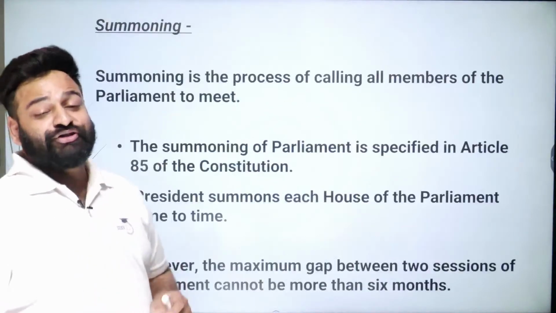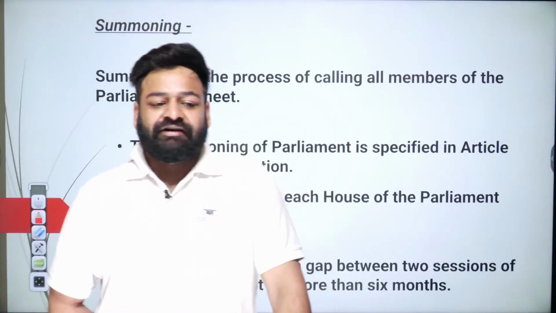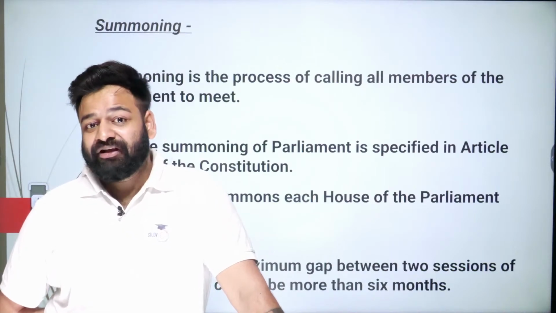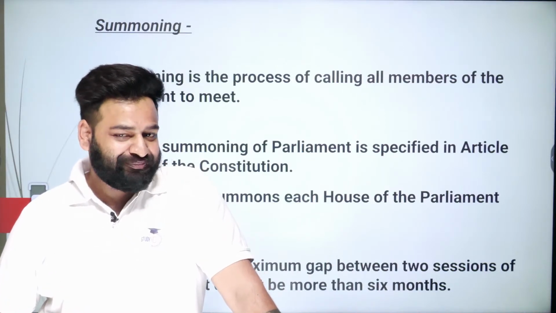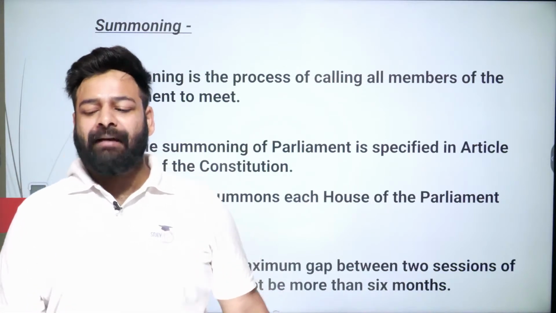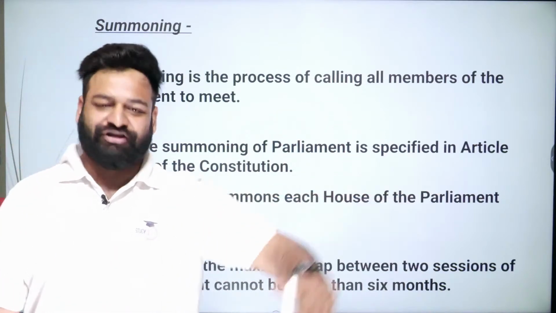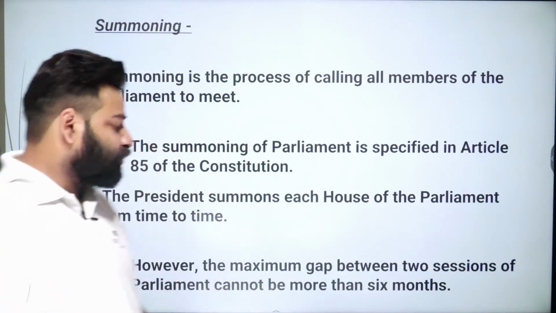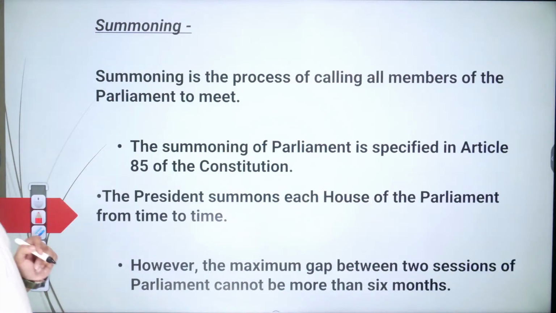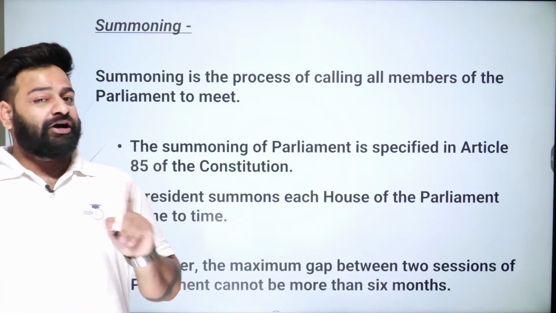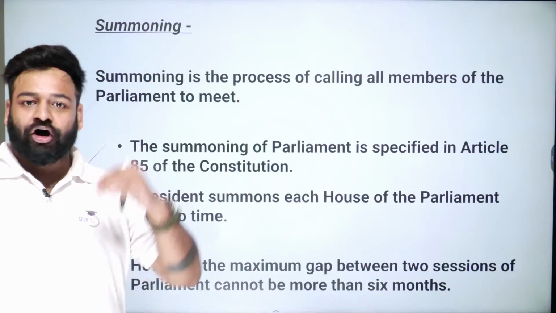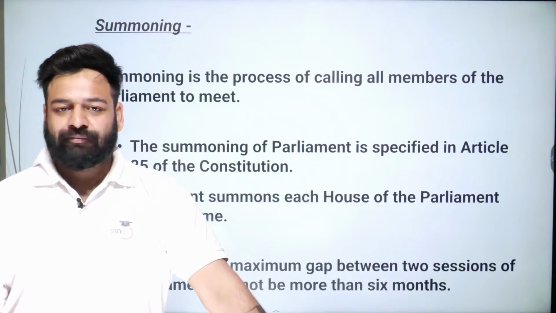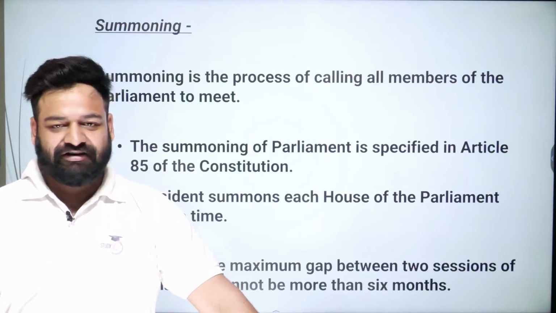But yes, the Constitution has mentioned that it is important for the parliament to meet at least once in 6 months, as in the maximum gap between one session and another should not exceed 6 months. This is what the Constitution has mentioned. It has not mentioned the number of sessions or the types of sessions or the seasons, like monsoon, winter, spring, summer, nothing like that.